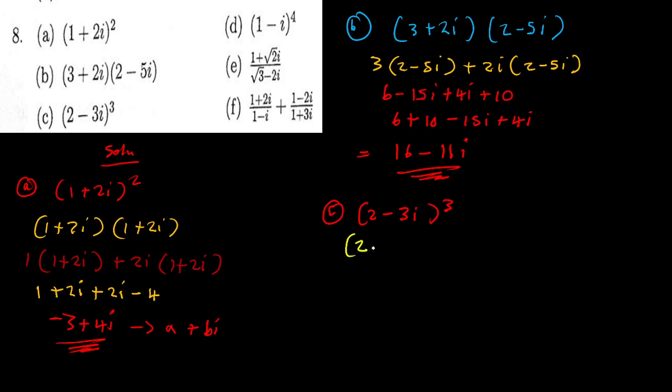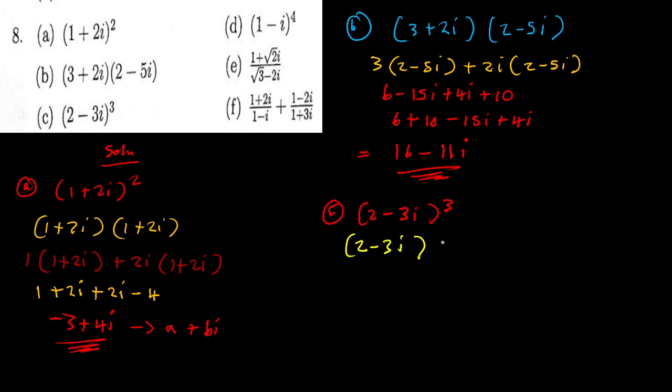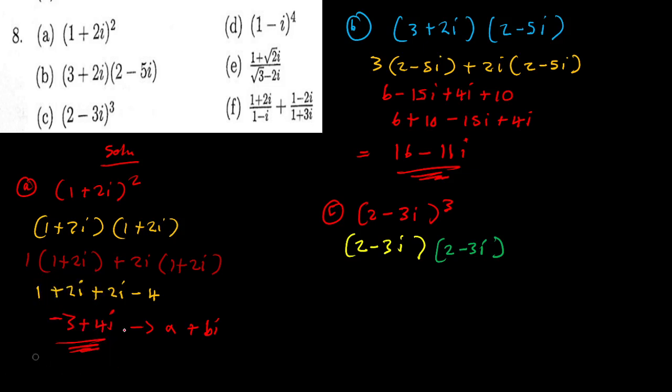So we are going to have 2 minus 3i, and this we multiply by itself, which gives us again 2 minus 3i, and then we are going to multiply it once again by another 2 minus 3i.